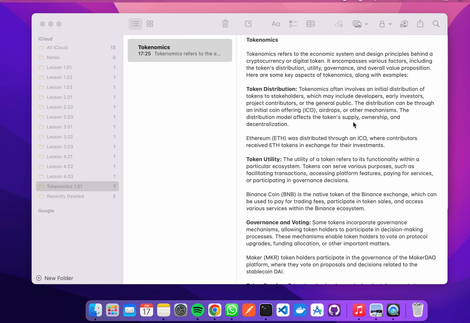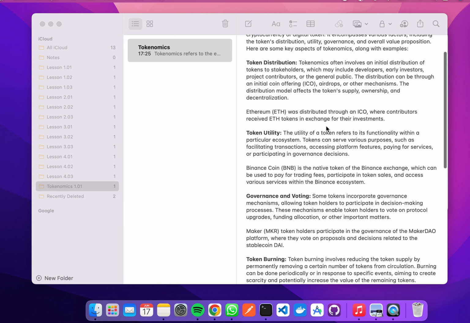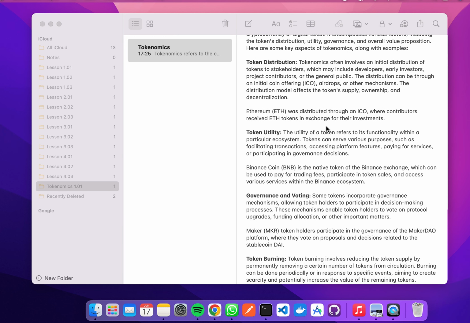The distribution can be done through initial coin offering, also known as ICOs, airdrops, and other mechanisms. The distribution model affects the token supply, ownership, and decentralization. In the case of Ethereum, it was distributed through ICOs, where contributors received ETH tokens in exchange for their investment.